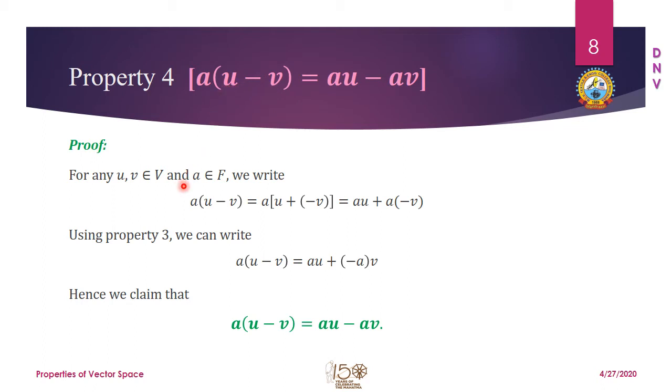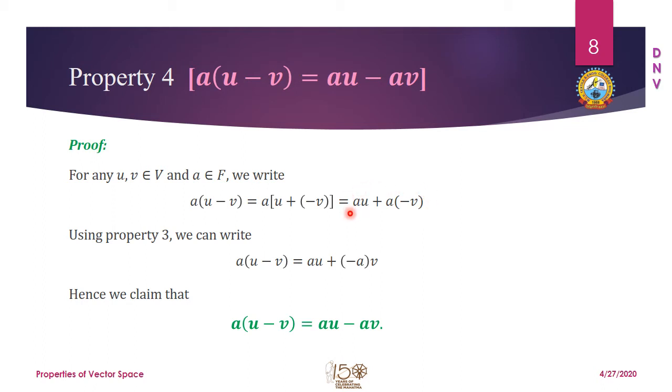So in proving this, we use the fact that for any u and v in V and a in F, we can write the left hand side, a times (u minus v), equal to a times (u plus (minus v)). This is the additive inverse of the vector v. So this is equal to au plus a(minus v), where we have used the distributive property of the vector space.